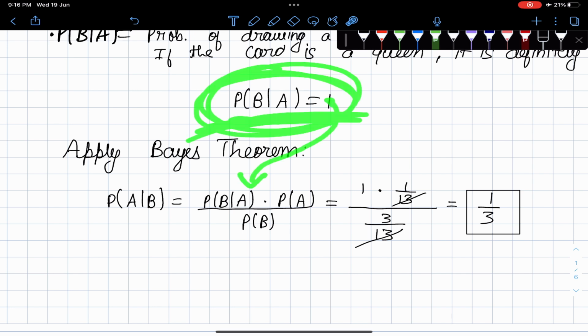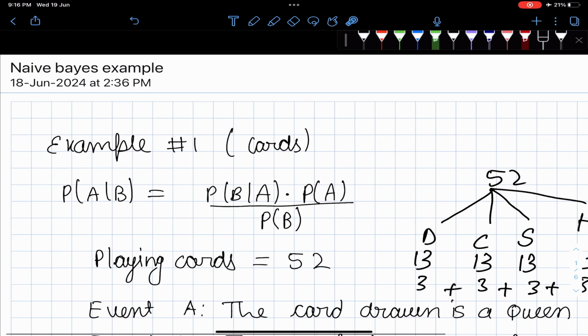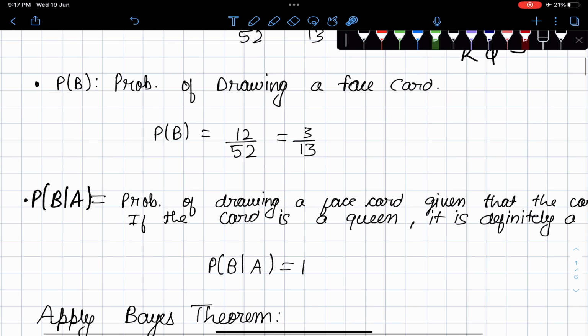We put one here. Into what is the probability of getting a queen card? It's 1 by 13. We have found it earlier.